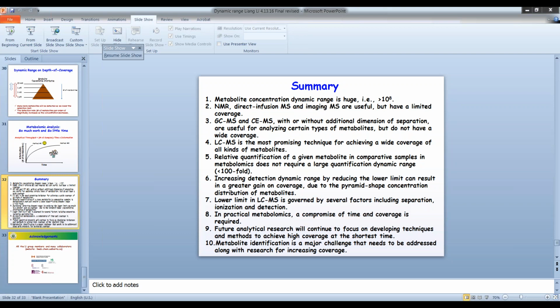Well, on the question in terms of optimizing the workflow, particularly regarding the injection amount to a mass spectrometer, we all know that the mass spec is a very expensive device. So when we do injection, we try to optimize the amount of sample injected into the mass spec so that we can take advantage of all the capability the mass spec can offer to generate high coverage.